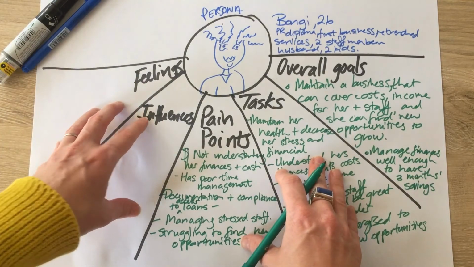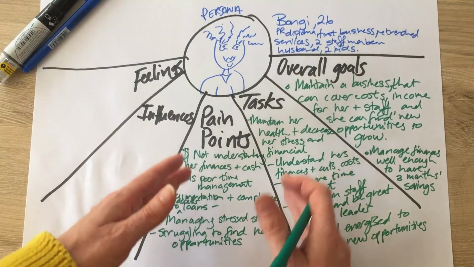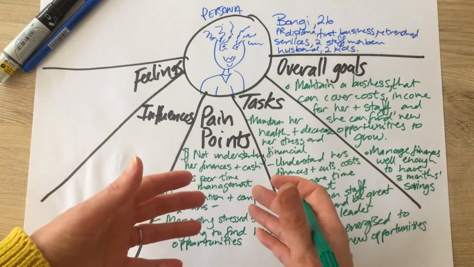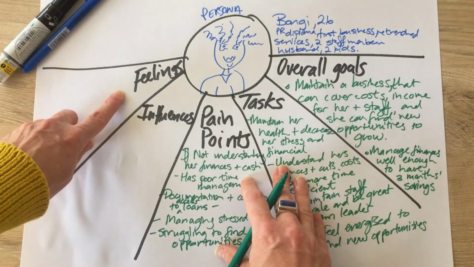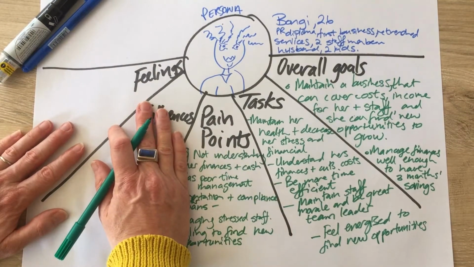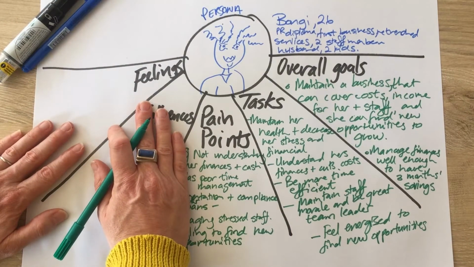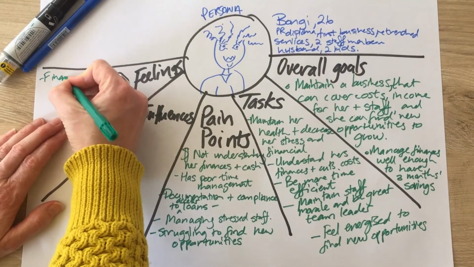Feelings are important as they help us to understand the impact her pain points are having on her performance and her esteem. By understanding Bongi's feelings, we can communicate with her better and be more supportive. How do you think Bongi is feeling? How about financially responsible?